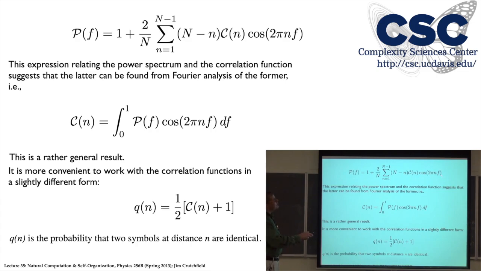And especially if I put in a frequency of either 0 or 1, then this cosine is always just going to be 1. And so I get this sort of residual term that just adds up.